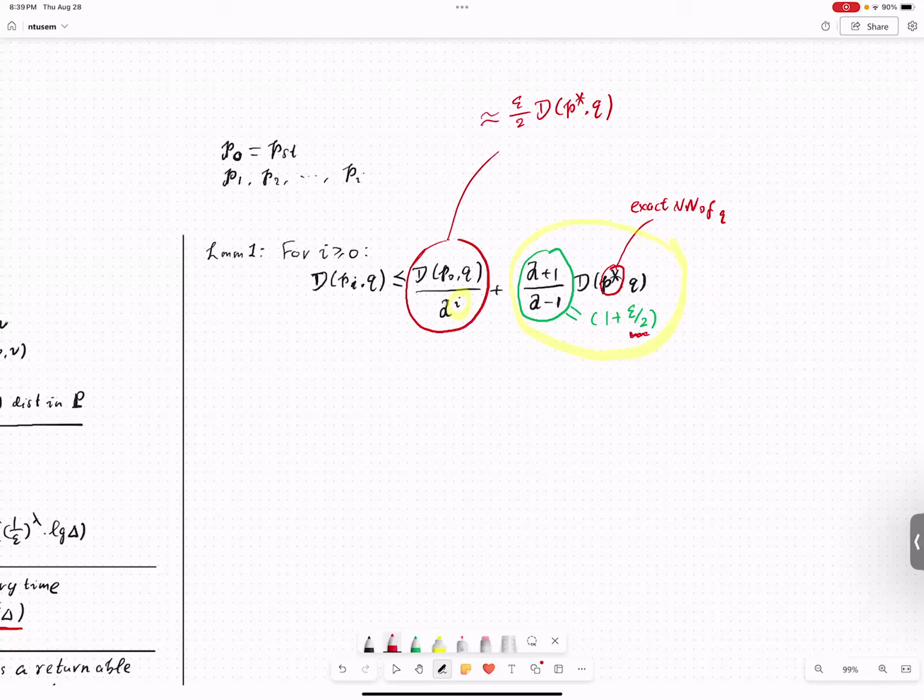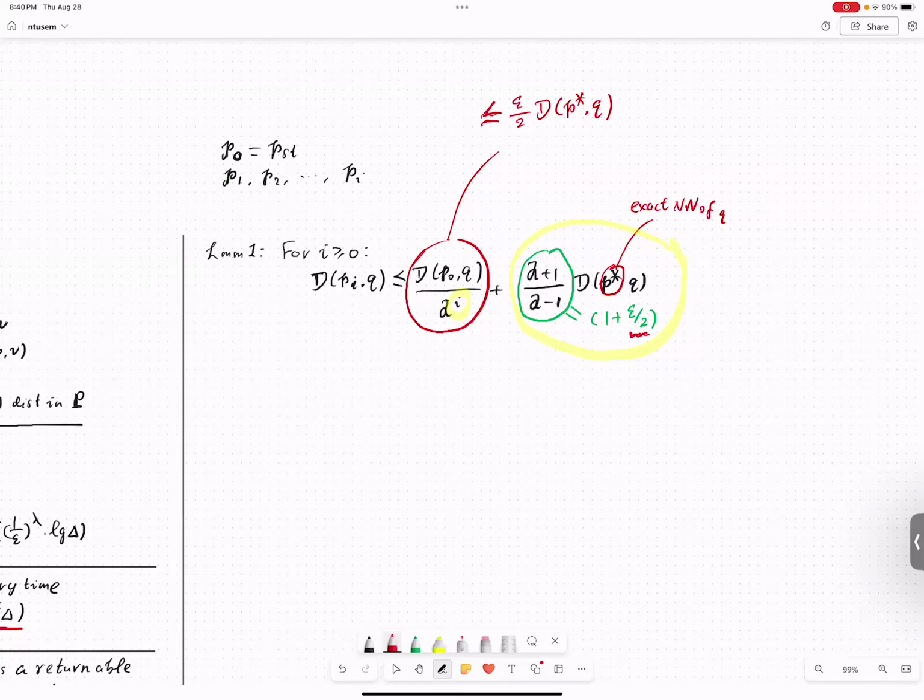I have this epsilon over 2 here, and our allowed distance is 1 plus epsilon times D(P*, Q), so I have a leeway, a slack, and I will utilize it in this way. I will choose this i to be large enough so that the first term is bounded by epsilon over 2 times the exact nearest distance, so that I can guarantee that the current Pi is a returnable answer. So this is what's going to happen.